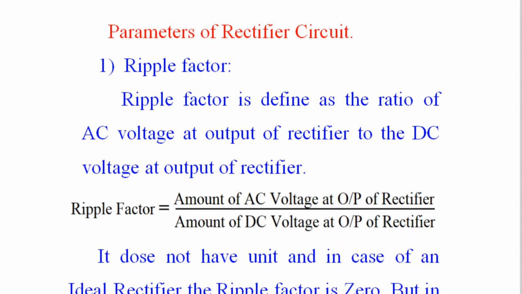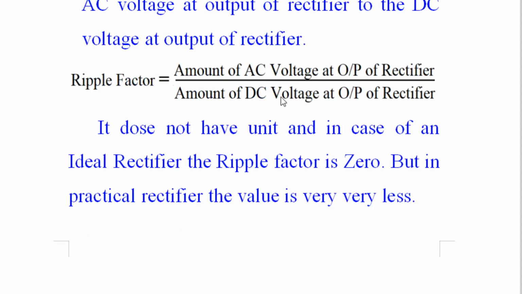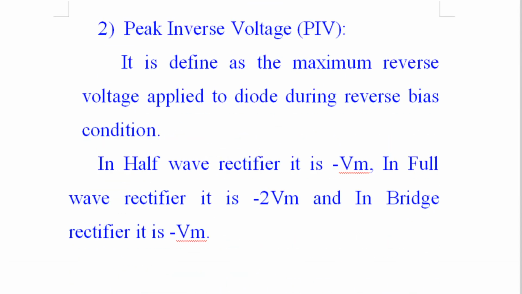Both parameters are at the output. Ripple factor is a ratio of voltage to voltage, therefore it does not have a unit, and in the case of an ideal rectifier, the ripple factor is 0. Ripple factor should be 0, but in a practical rectifier the value is very less. So this is the first parameter, ripple factor.